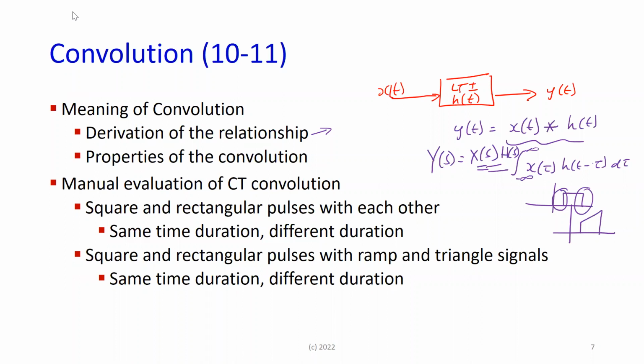Right, so we did the convolution with some simple signals first, square and rectangular pulses. And of course, we did variations of that where the pulses were the same length or different lengths, and then if they started at 0 or if they were shifted up and down.